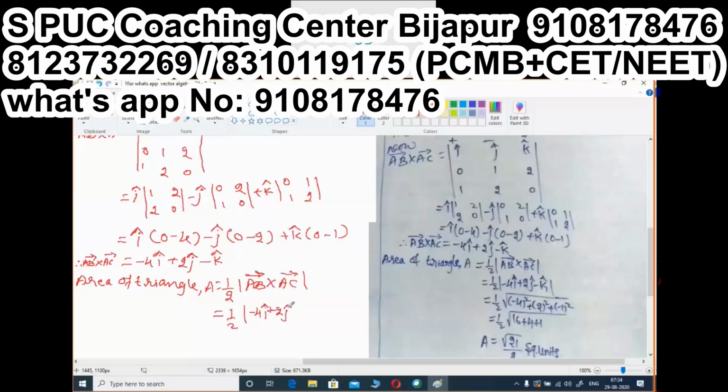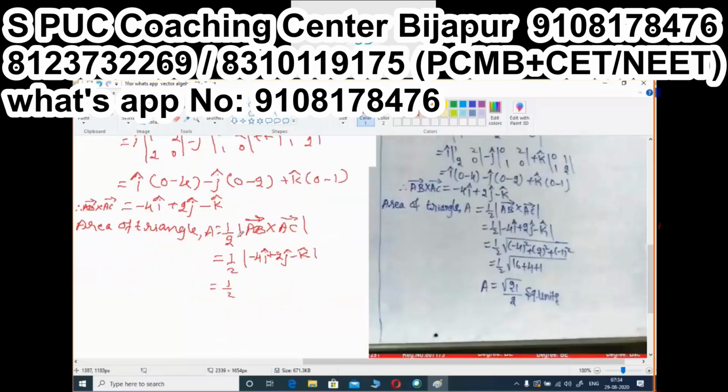Find out its modulus and tell it to me. So that is going to come out as square root of minus 4 square plus 2 square plus minus 1 square.